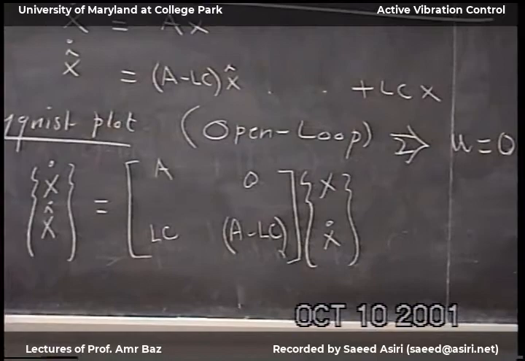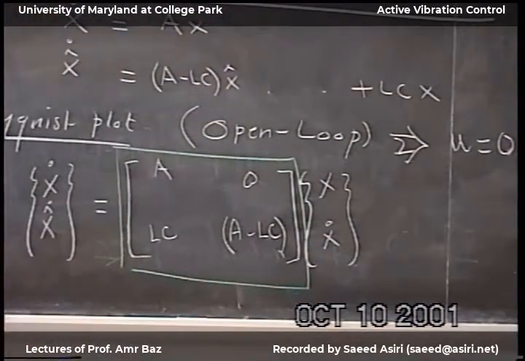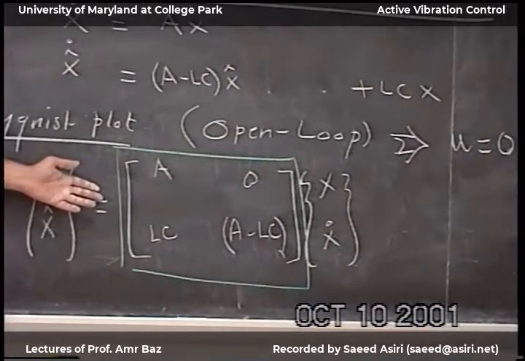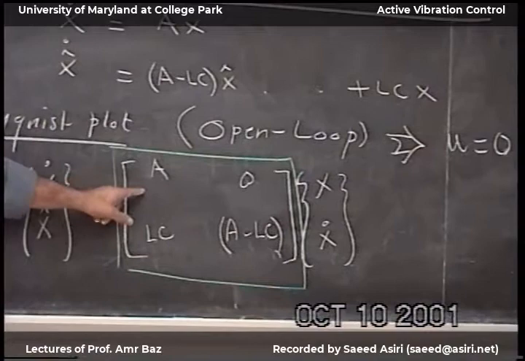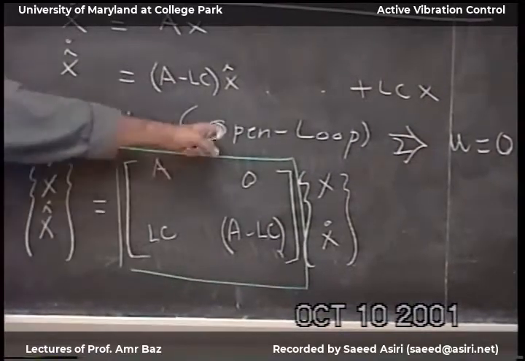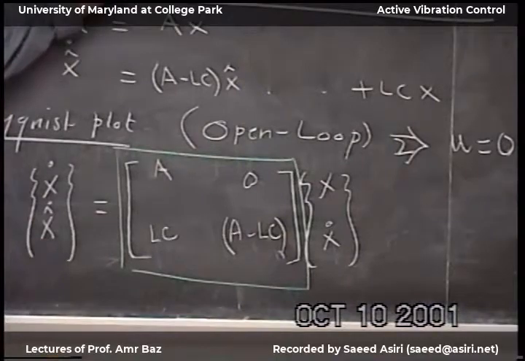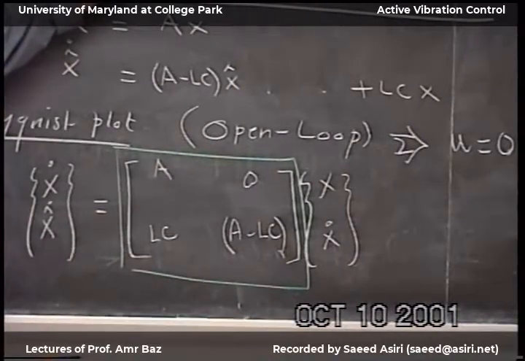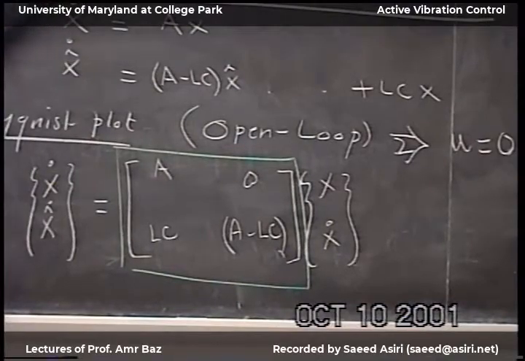Now, after I take this from state space and put it in the numerator and the denominator, I get the numerator and the denominator of this assembled system in the open loop. If I'm using the LQR, I don't have this equation with me. The only thing I have is this A. So for this A, I'll get the numerator and the denominator. And then I can look at the Nyquist plot.